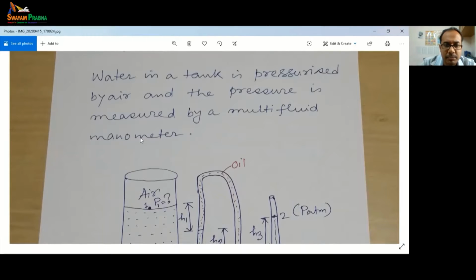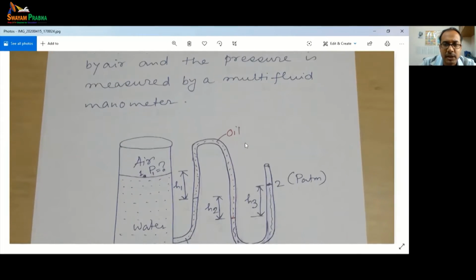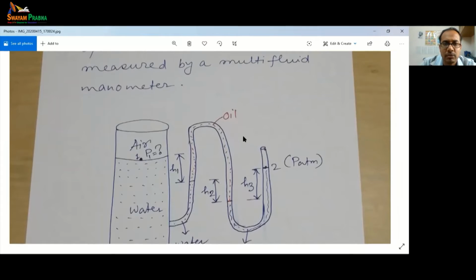Manometer is the pressure measurement device, and why multi-fluid? Because we have multiple fluids in this manometric measurement. That's what we are going to see now.